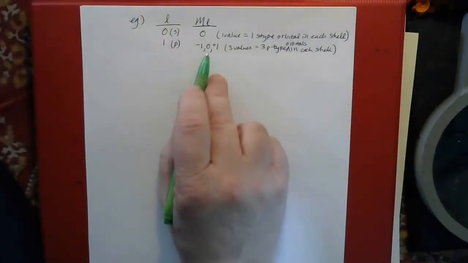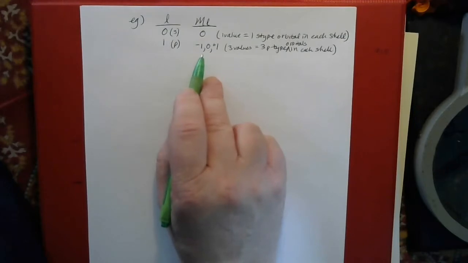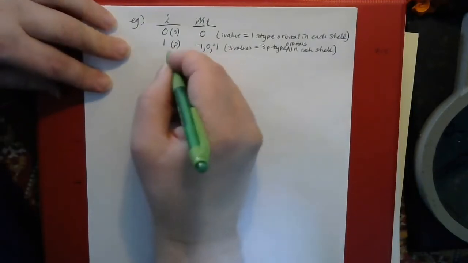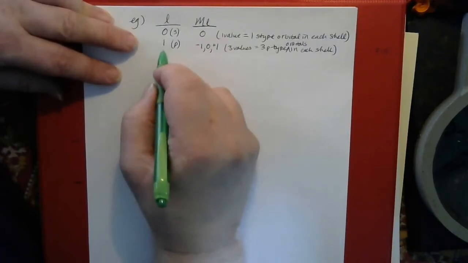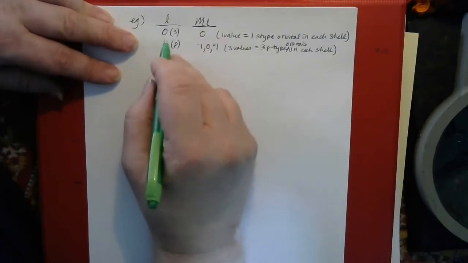Not every shell has p-type orbitals. There are no p-type orbitals in the first shell. They start with the second shell, and all of the shells from shell number 2 on out can have p-type orbitals.